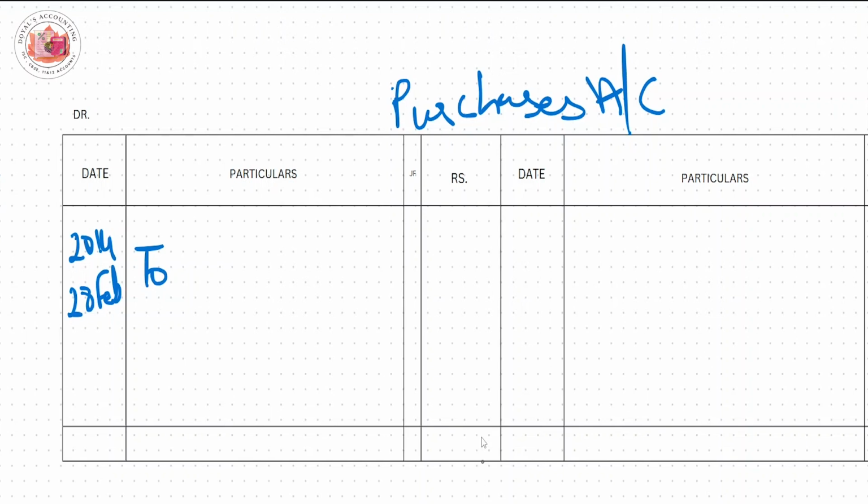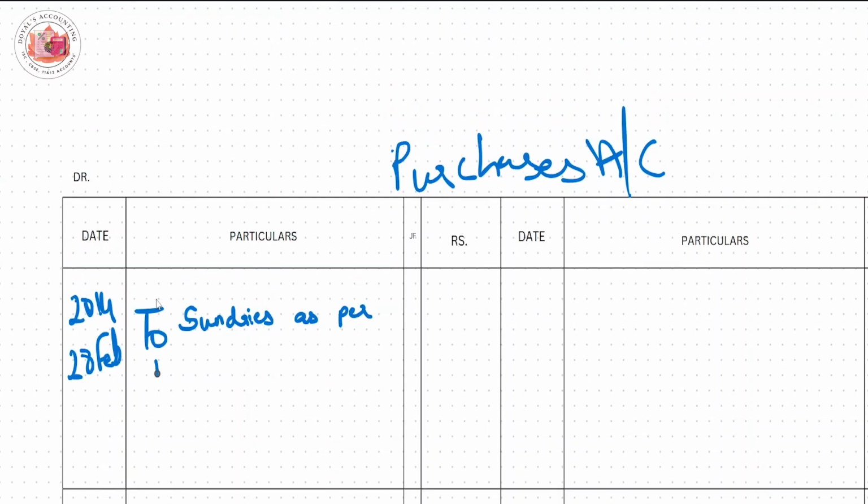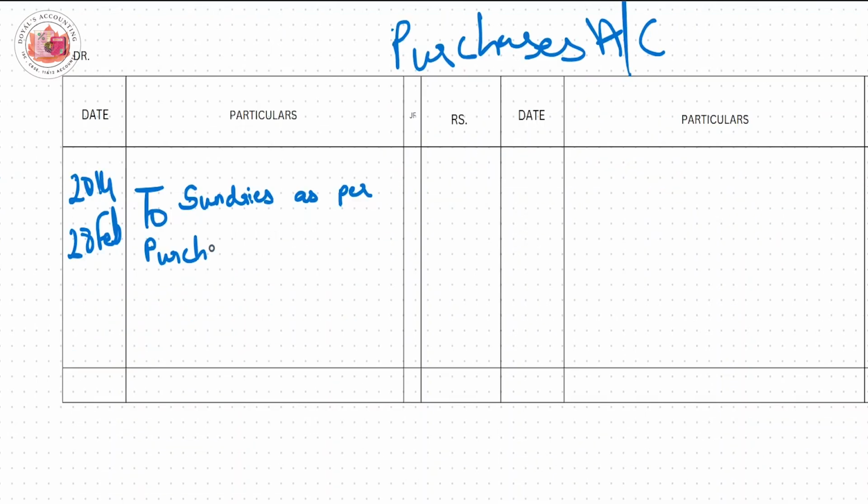Now all my creditors are written in the purchases book, so I will write to sundries. Sundries means it's a collective term. To sundries as per purchases book, for the month of February.